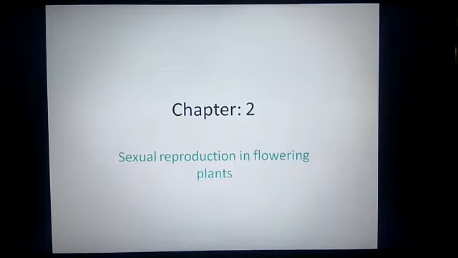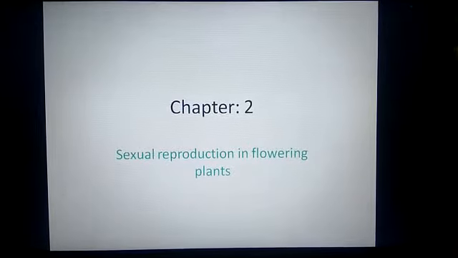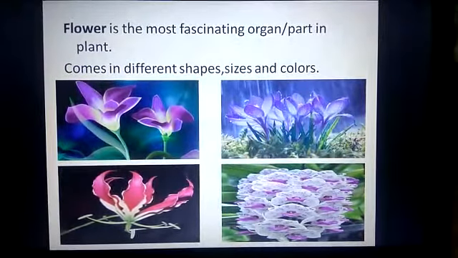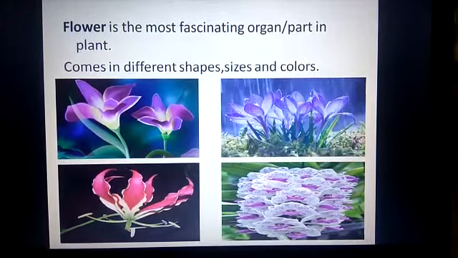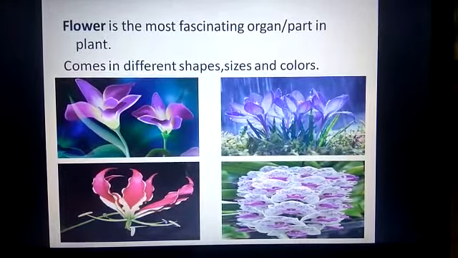Today we are going to start with the second chapter, and the name of the chapter is sexual reproduction in flowering plants. Now if you look at the plants around us, we observe that the most beautiful or attractive part of the plant is the flowers.